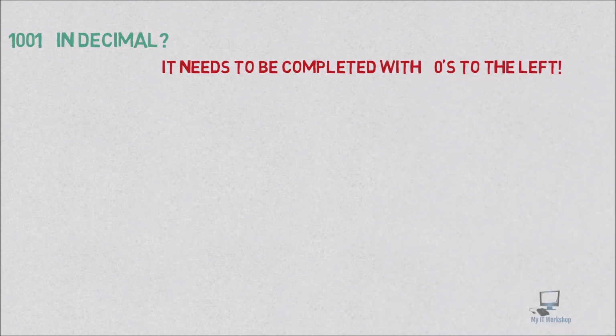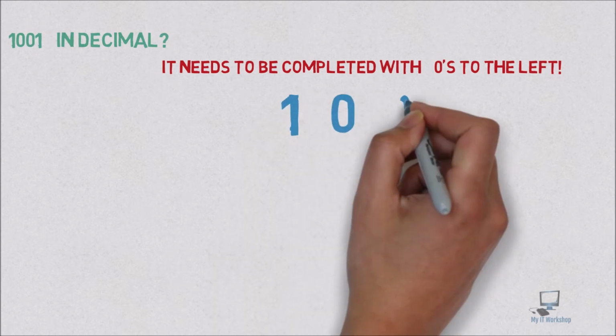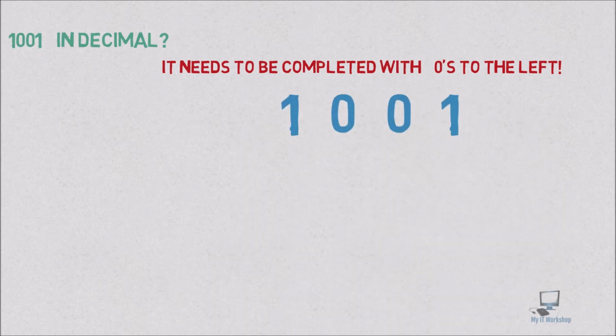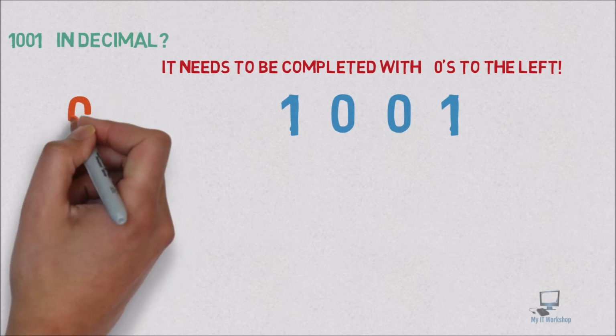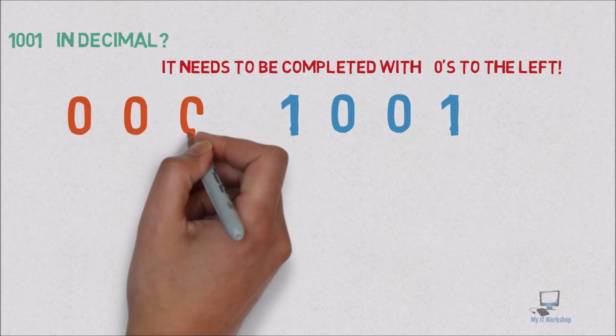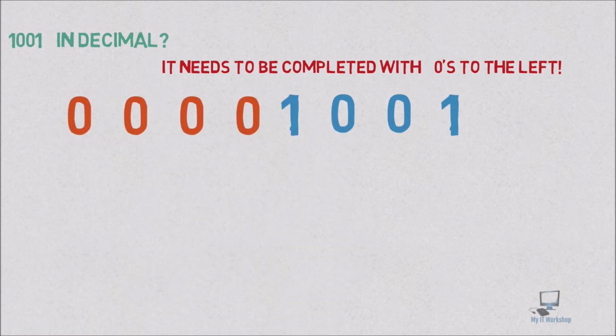This is very important, guys. To the left, not to the right. So I'm going to type the number 1001 and I have 4. I need to complete it to 8, but in order to do that, I need to add the 4 zeros to the left, not to the right. So I'm going to write 4 zeros. Okay, so I have 8 digits now.